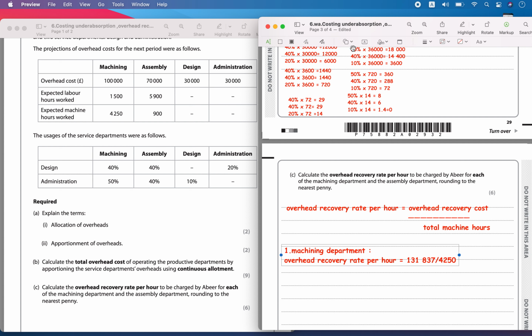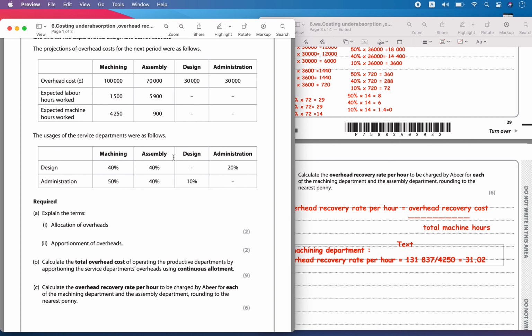And this value is going to be equal to 31.02 pounds.